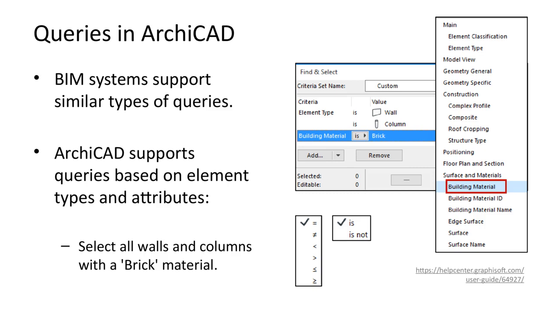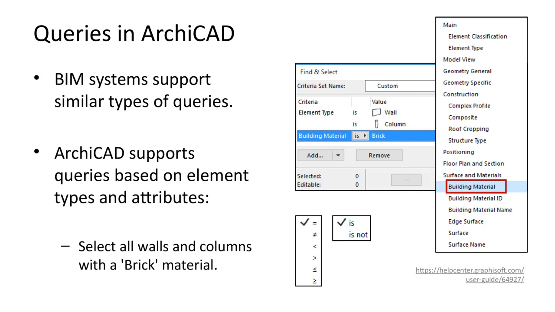For each criterion, an attribute type and operator can be selected from a list, and a required value can be specified. Both of these examples show the idea behind a query, which is specifying a set of conditions based on attribute values. When writing code, it is also possible to specify similar types of queries.